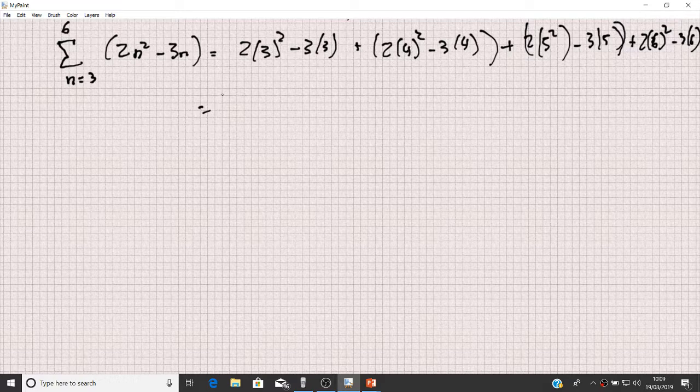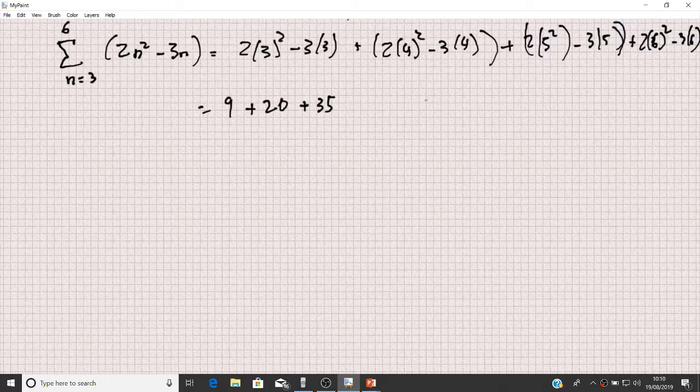18 minus 9 is 9. The second term, 2 times 16 is 32, minus 12, gives us 20. And the third term, 2 times 25 is 50, minus 15 is 35.